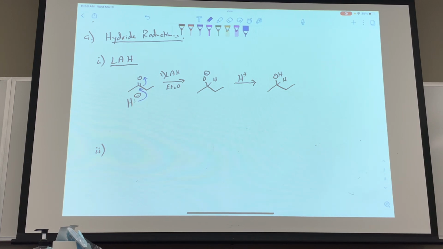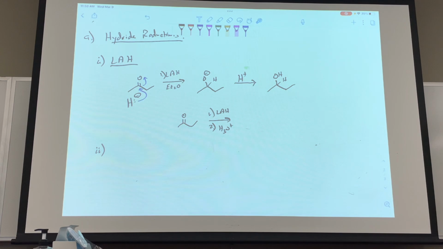Yeah, normally the way you see these written is, you have some carbonyl, and you'll see LAH as step 1 and step 2 H+. I just kind of broke those up, right?